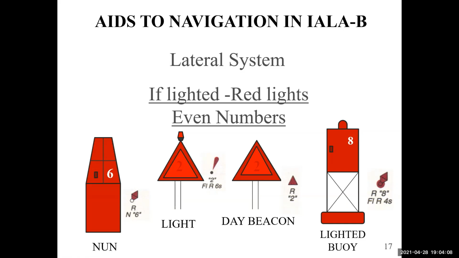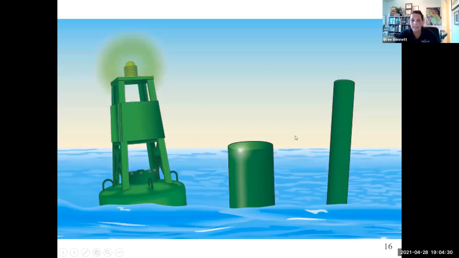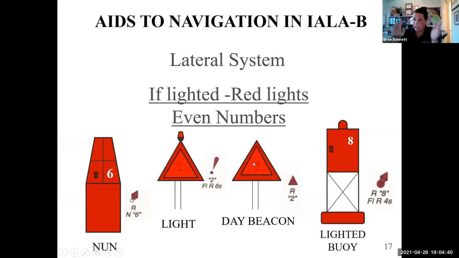So on this chart, buoy number 8 is not none. It's red and has a square top. Is that possible? Is that what you're talking about on the slide? Number 8. Yes. So, yes, number 8 buoy doesn't have a specific shape. That's going to be your buoy that looks like this. Its shape is not giving you keep it to the right or keep it to the left.